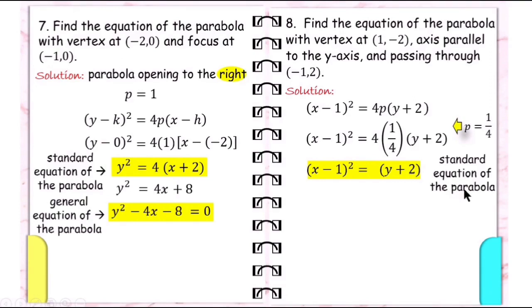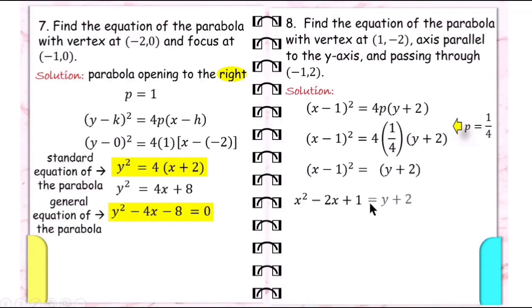To express this standard equation into its general form, we expand x minus 1 quantity squared, and x minus 1 times x minus 1 is equal to x squared minus 2x plus 1 equals, we just copy y plus 2. Transpose y plus 2 to the left side, so we have x squared minus 2x plus 1 minus y minus 2 equals 0.